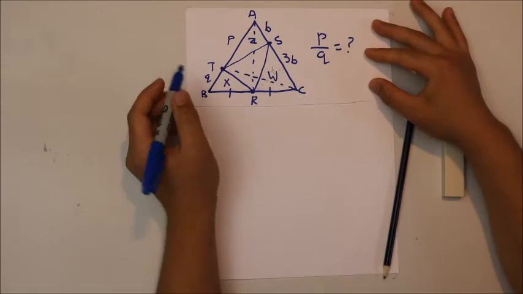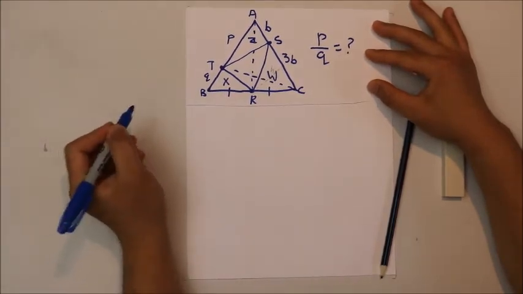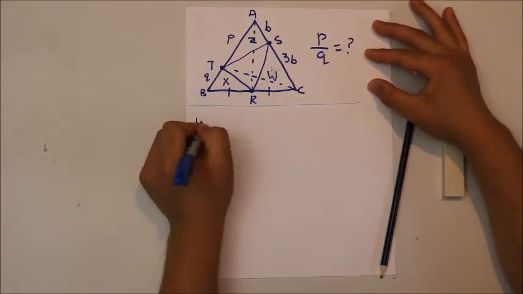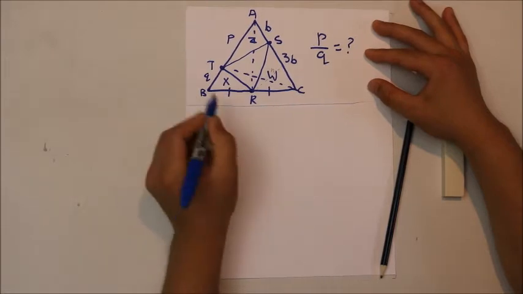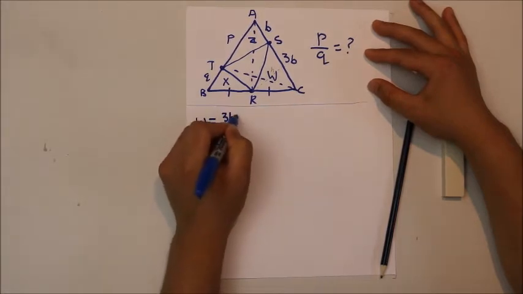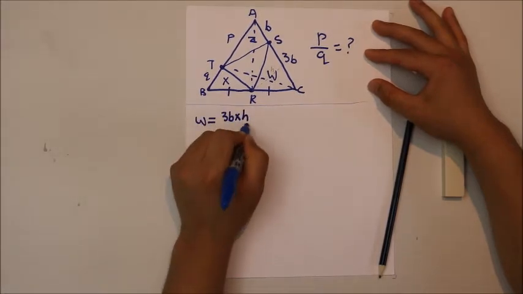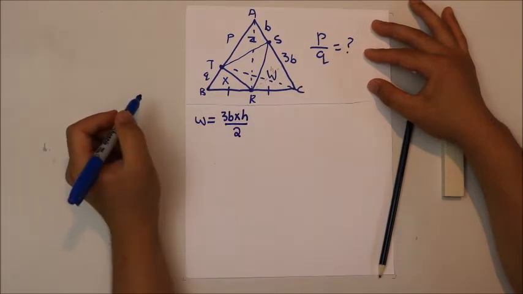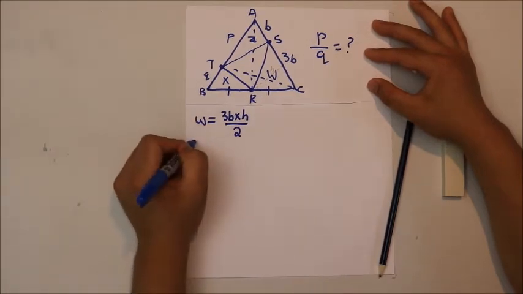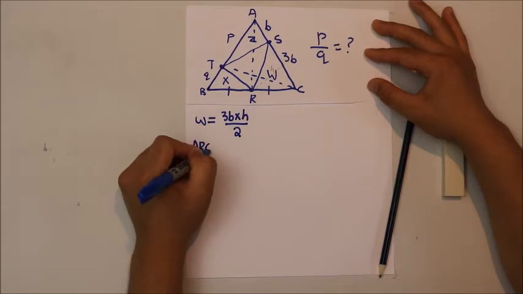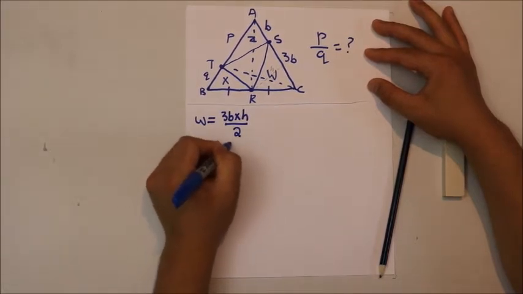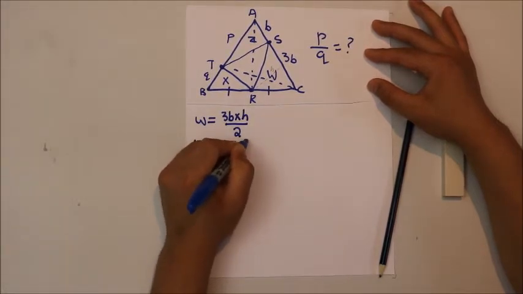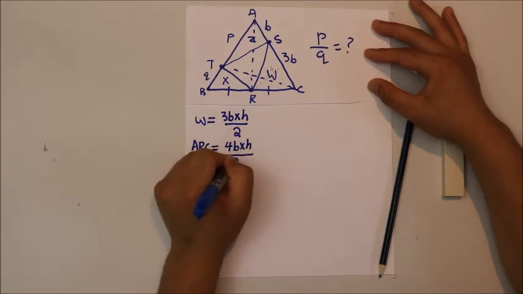When we write this out, the area of W is equal to 3B times H divided by 2. And for the triangle ARC, its area is equal to 4B times H divided by 2.